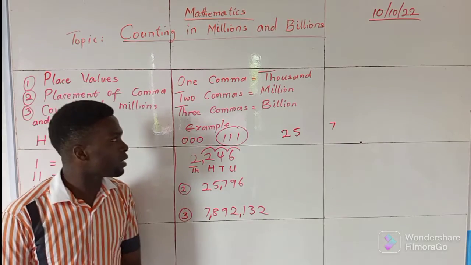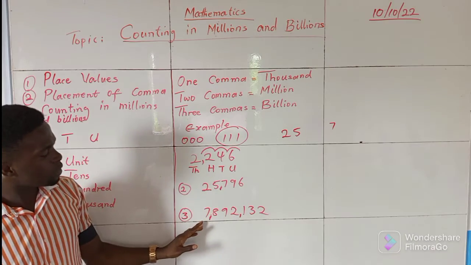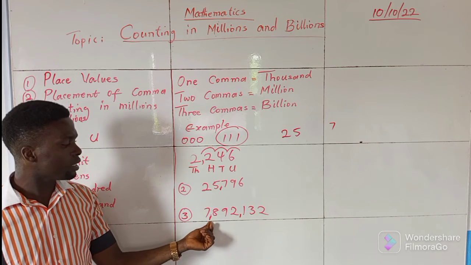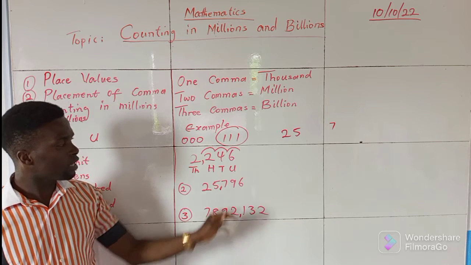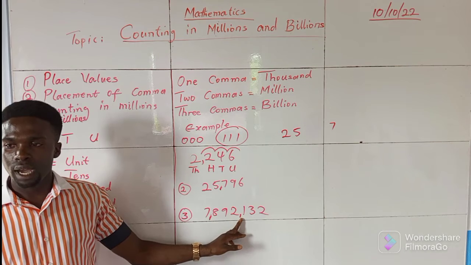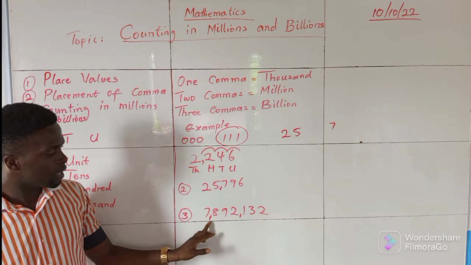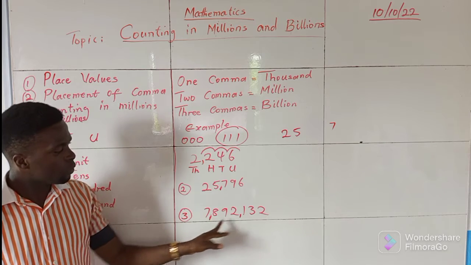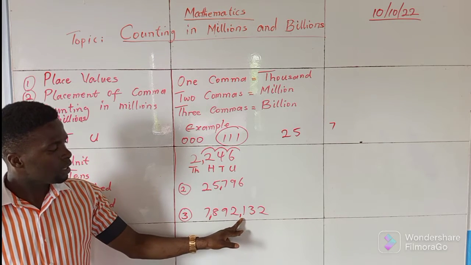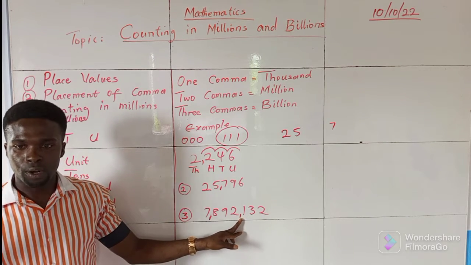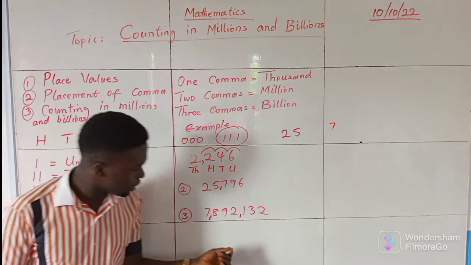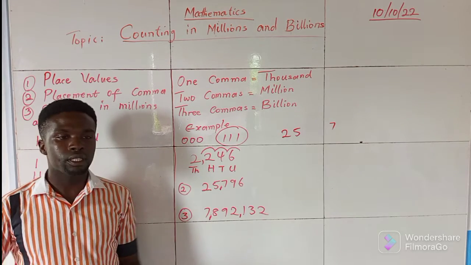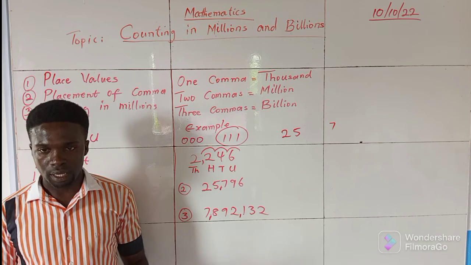So what you have to do is to start with million. The second comma is million and your first one is thousand. The moment you call this, you do away with it. You are not coming back to it. So your next focus is your second comma. But even as that, your hundreds, tens and units are still standard.